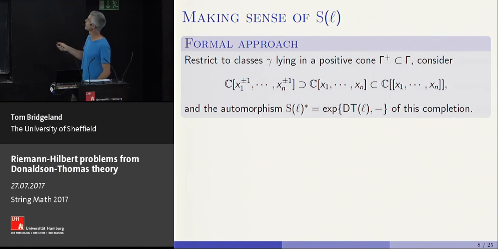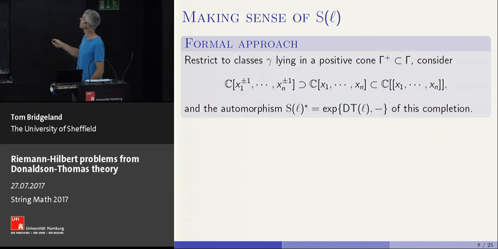We can just consider the polynomial ring, and then we can complete that and live in a power series ring. Then these automorphisms make perfect sense on this algebra. What I've written here is just the algebraic way of saying time 1 Hamiltonian flow. That's what the pullback of time 1 Hamiltonian flow does.